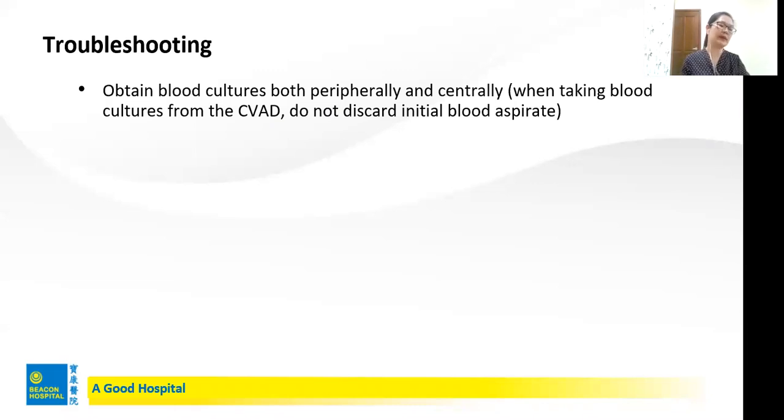Okay, so when the doctor orders blood C&S from the central line and concurrently orders blood C&S from the peripheral line, if both are positive, then it could be from the CVAD. But sometimes the CVAD is negative but the peripheral one is positive, then it's not due to the CVAD. And again, I repeat, when taking blood culture from the CVAD, do not discard the initial blood sample.